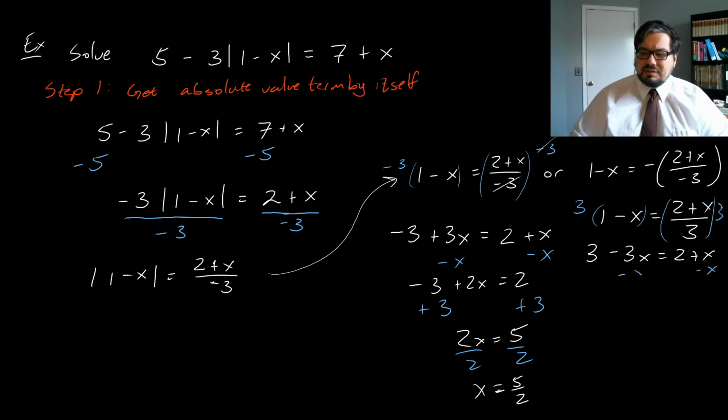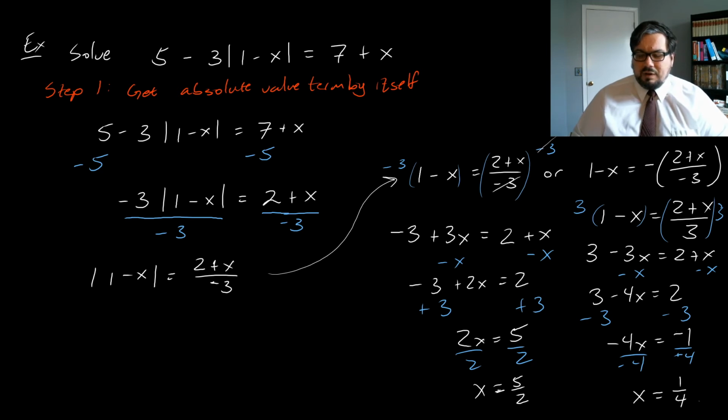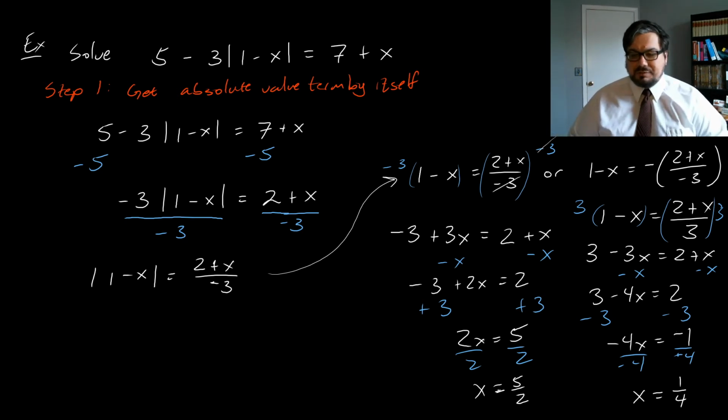We'll get the x on one side, get 3 minus 4x equals 2. Now we'll subtract 3 from both sides and get negative 4x equals negative 1. And then divide both sides by negative 4 and get x is equal to 1/4. So here are our two possible solutions.